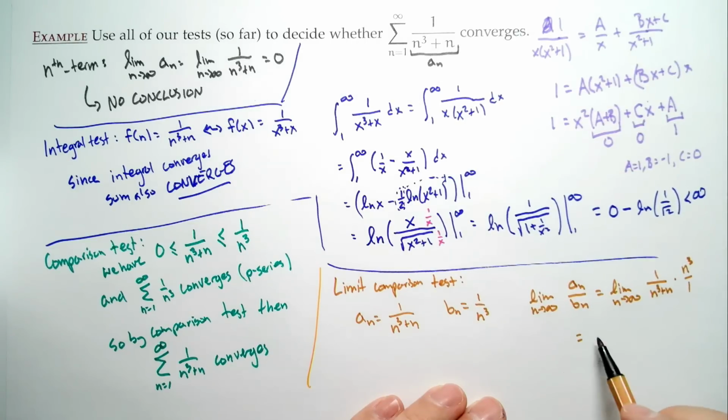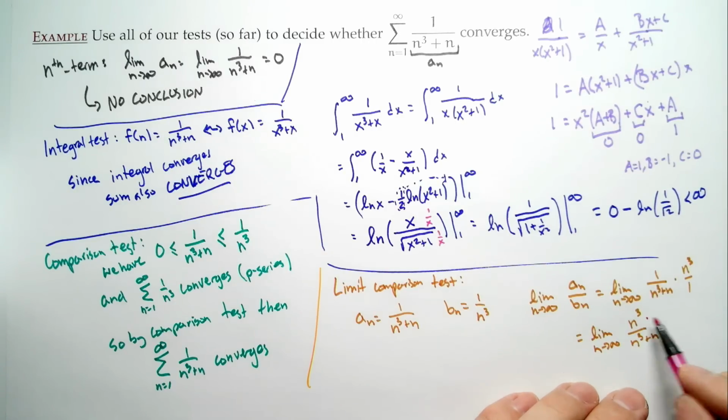And if we clean that up, which we might as well, what happens? Well, n cubed over n cubed plus n. Now you could do L'Hopital here, and it would work, but let's just do the philosophy. We're going to slow it down. So how do you slow it down?